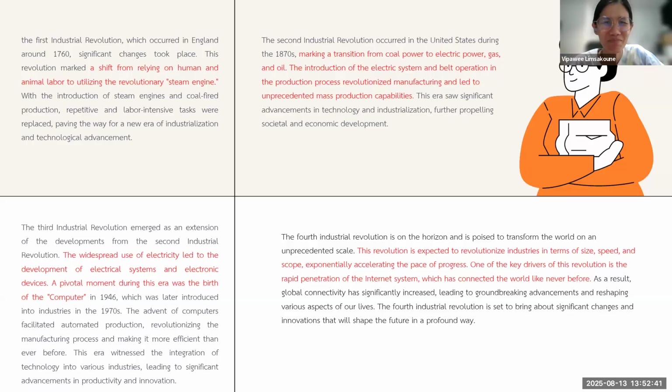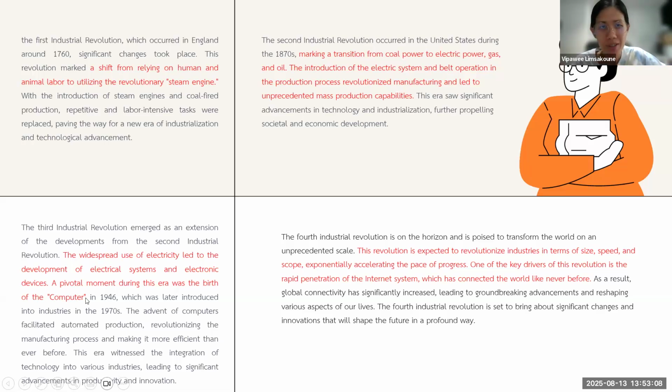Okay. After that, the second industrial revolution is regarding the transition from coal power to electric power, gas, and oil. Okay. Belt operation or conveyor operation. Okay, the conveyor belt. The third one is the electrical system and electronic devices.